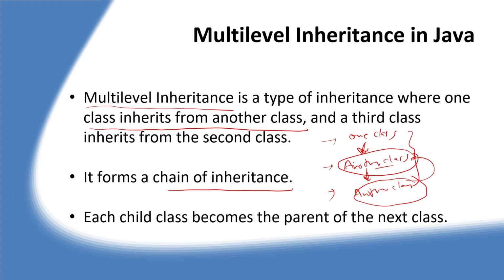One class is inherited, second, and then third, like that. So each child class becomes the parent of the next class. The second class is also a child class but became the parent for the third class.